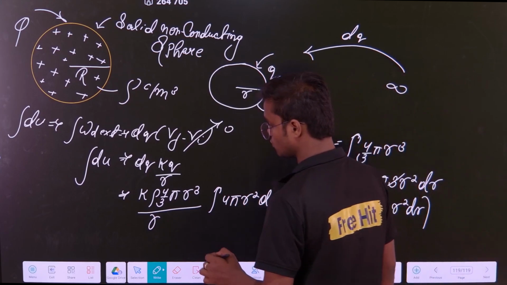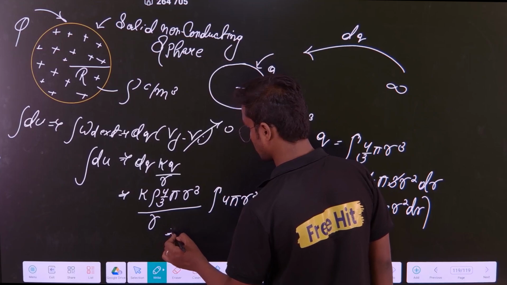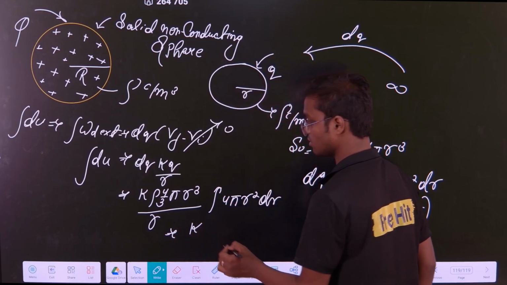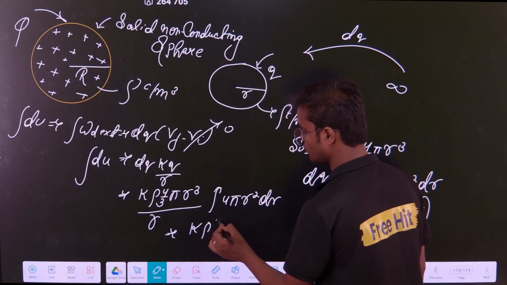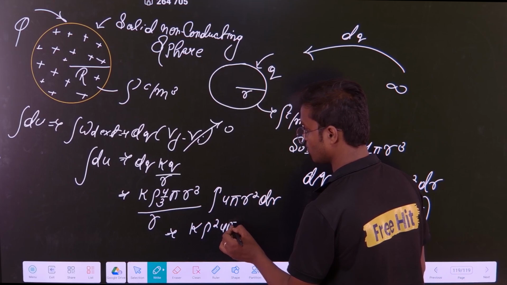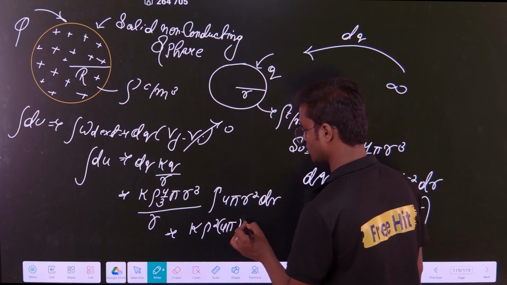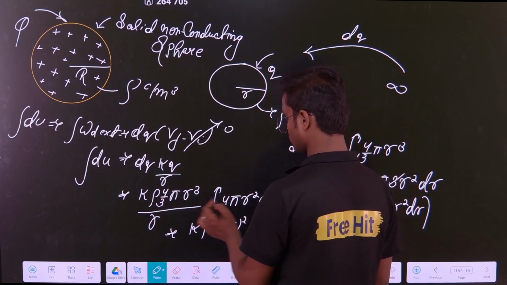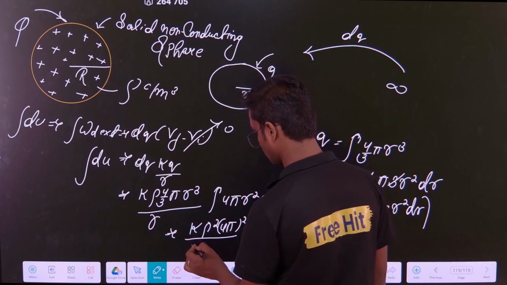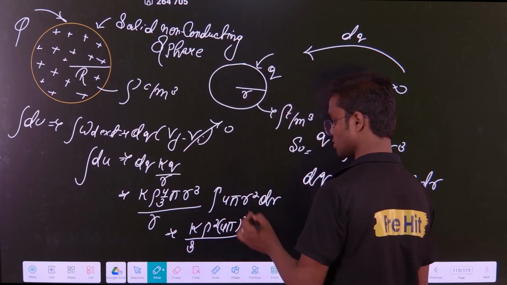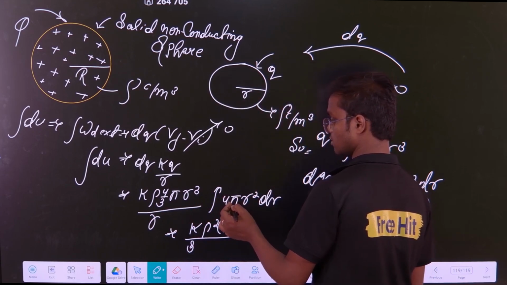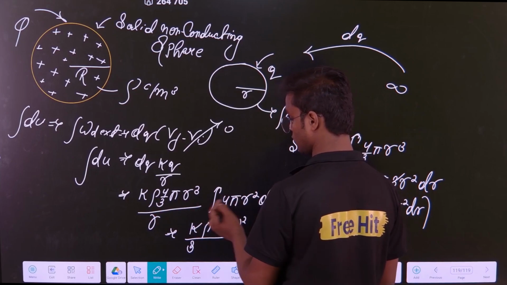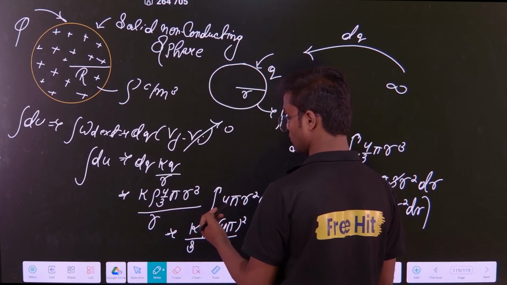Correct. So this will be rho square 4 pi square by 3. Then the rho square is there, 4 pi square is there, and 3 will come into the denominator.